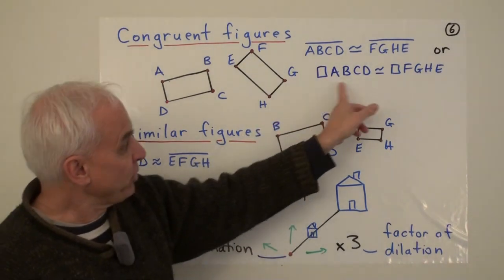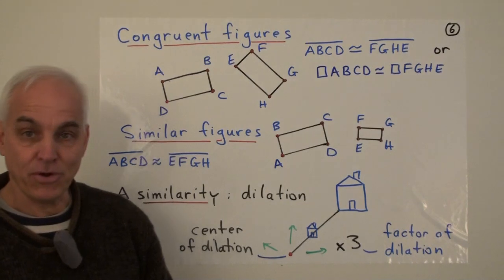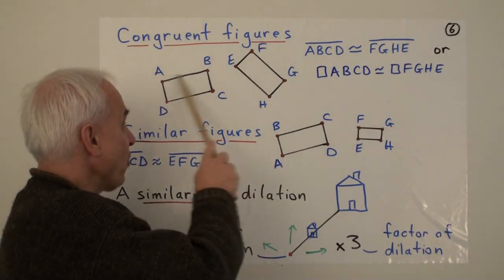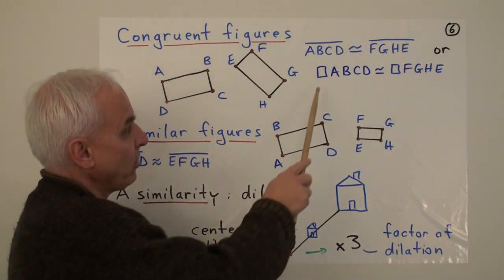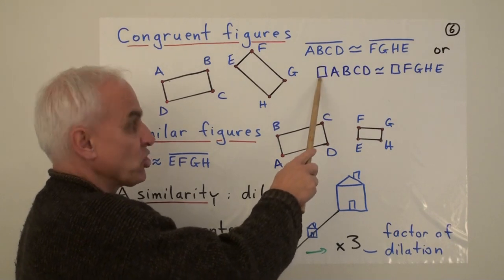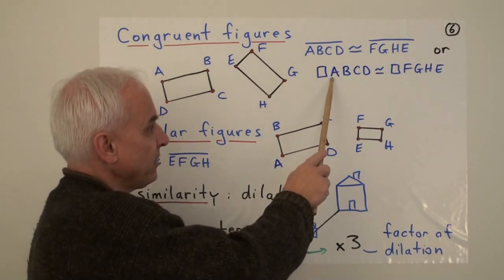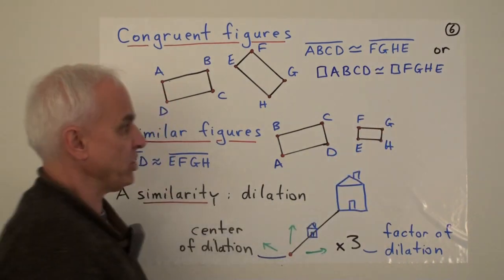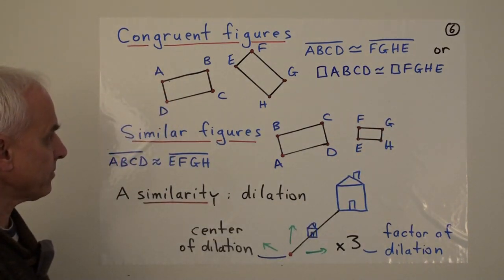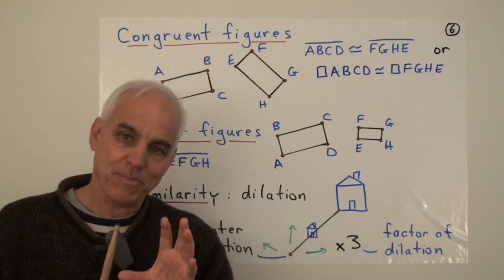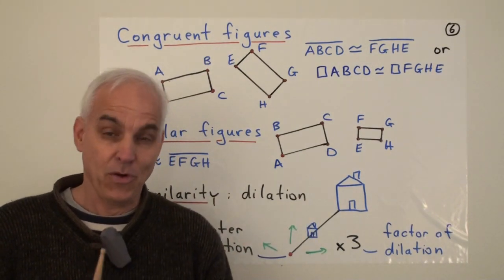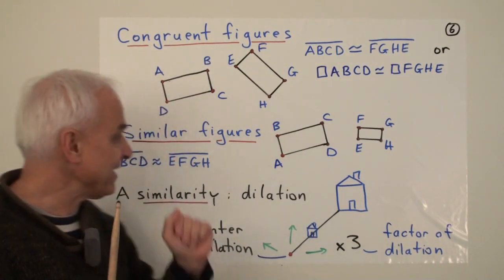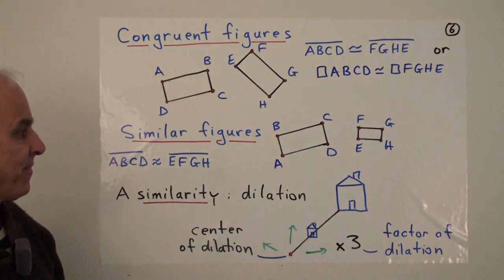Now sometimes people use a different symbol or notation there. So another way of describing this rectangle or quadrilateral is to use a little square. Right. ABCD is congruent to the rectangle FGHE. Now, besides having congruent figures, we also have the idea of similar figures.